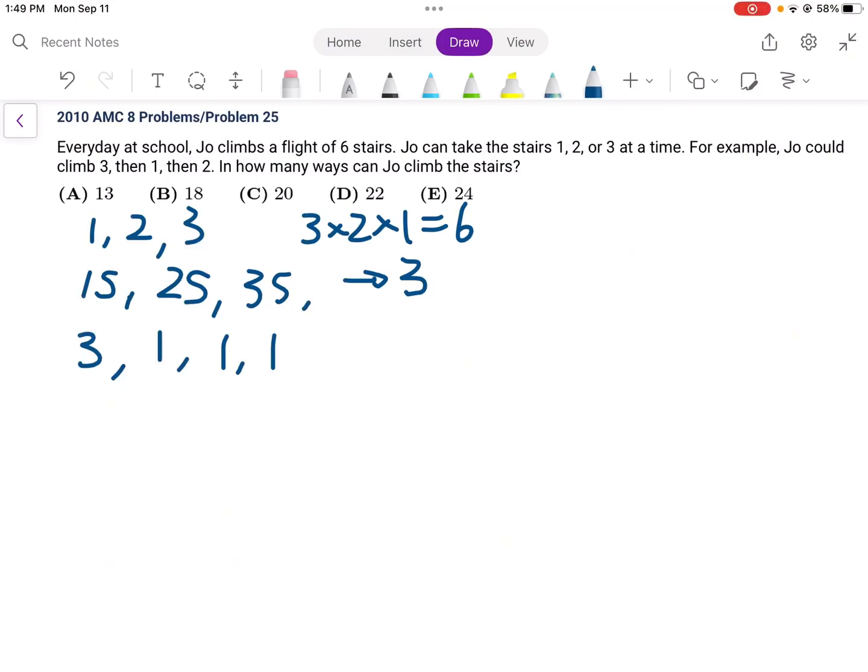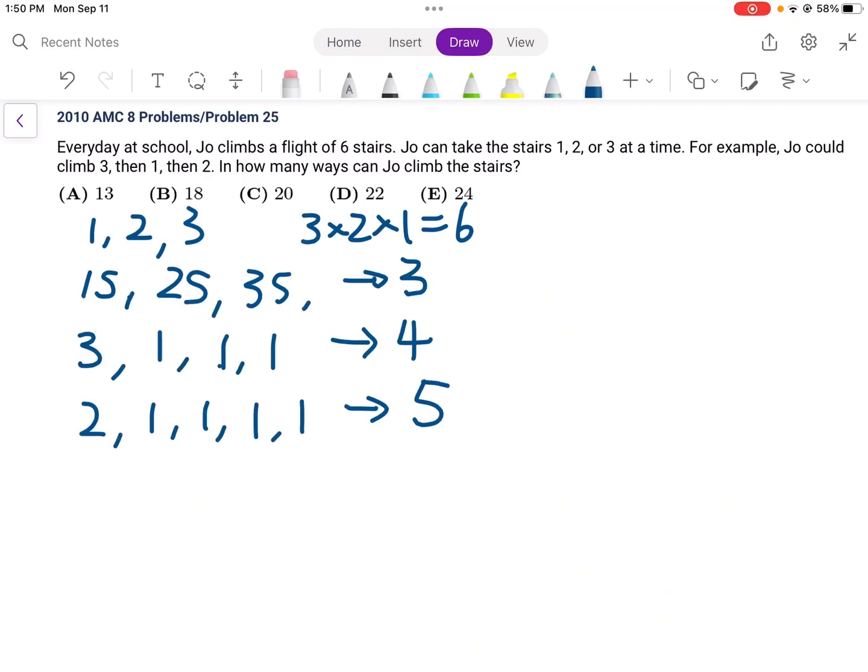In this case, the position of 3 can be in the first or second or third or fourth position. So the total number of combinations is 4. And then we look at if he takes 1 two step and the others are ones. In that case, 2 can be in the first, second, third, fourth, or last position. That's 5 choices.